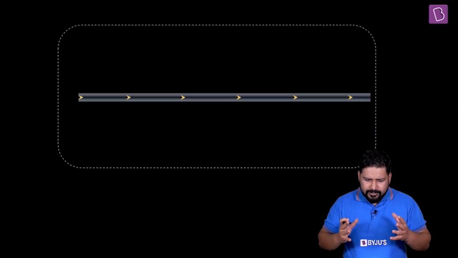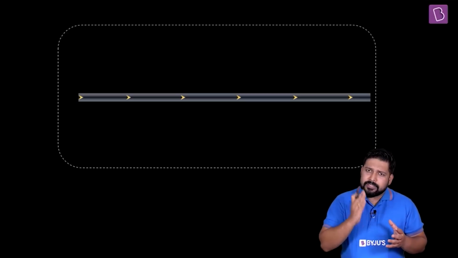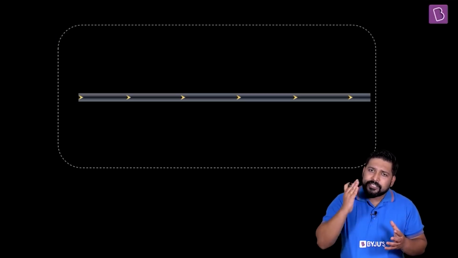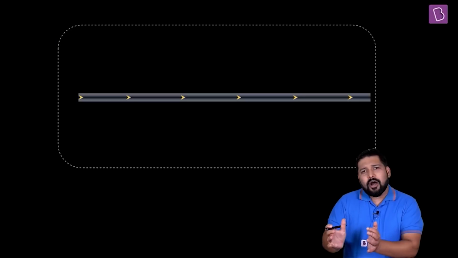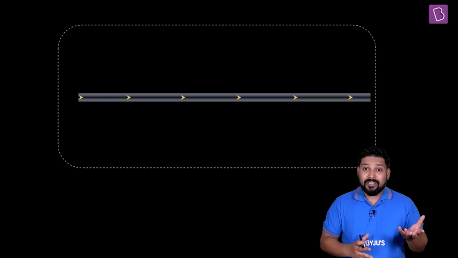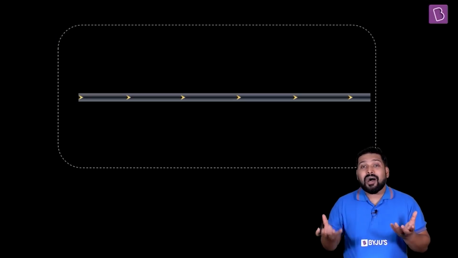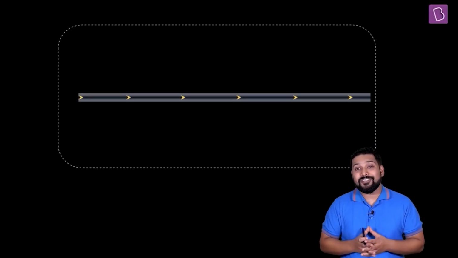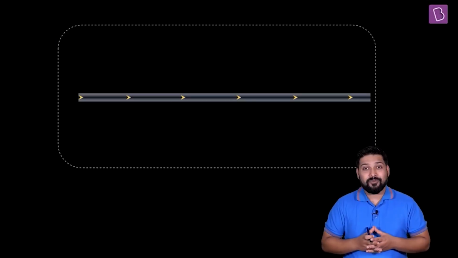Because since this particular experiment arrived, it was thought that electricity and magnetism are two different branches of science which have nothing in common between them.